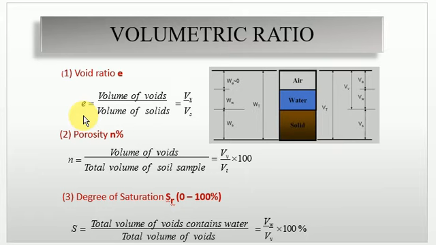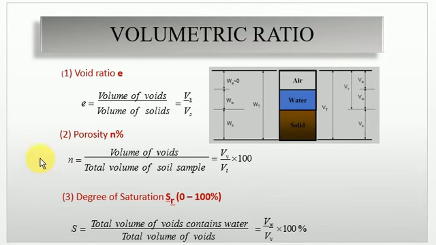The other equation is porosity. Porosity is denoted by small n. The porosity is the ratio of volume of voids to the total volume of soil sample.